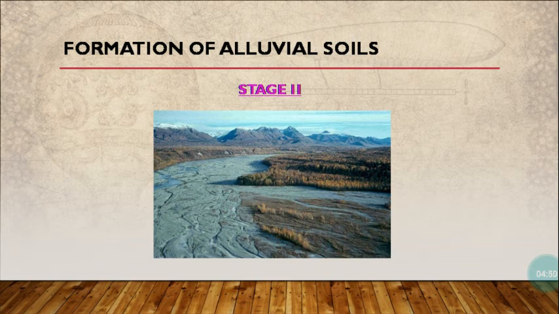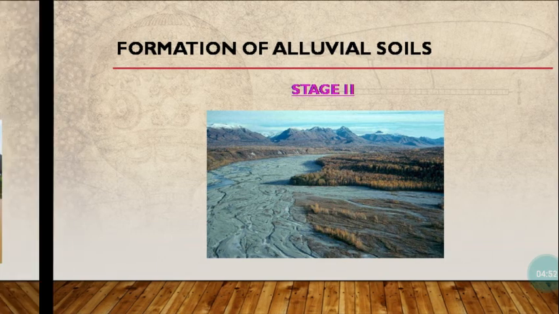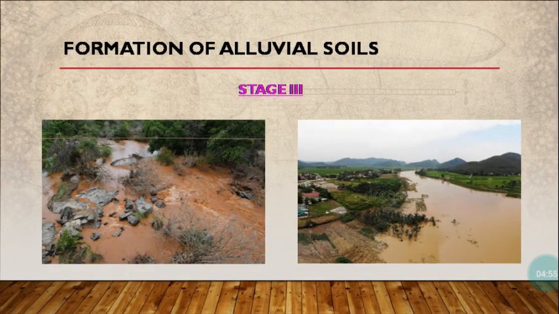Whenever there is heavy rainfall, what will happen? There will be a flood in the river. Due to this flood, all the deposited material inside the river body will spread throughout the area of the river bank.